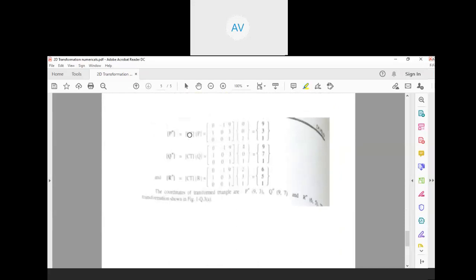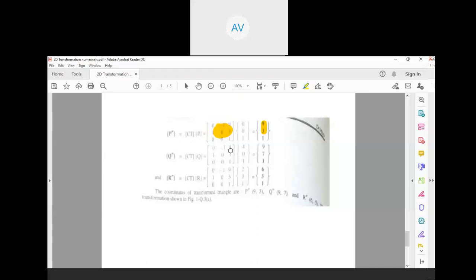These three are multiplied with the same CT because it is a combined operation of transformation. So the new P dash will be CT into original P. So 0 0 we multiplied, and we got 9 comma 3, the new coordinates of P, that is P dash.